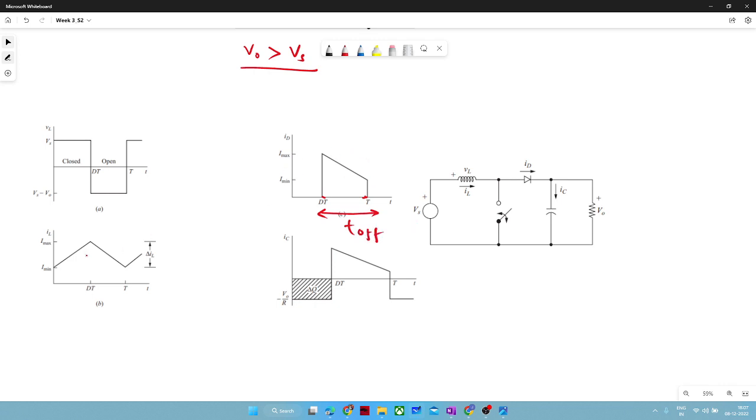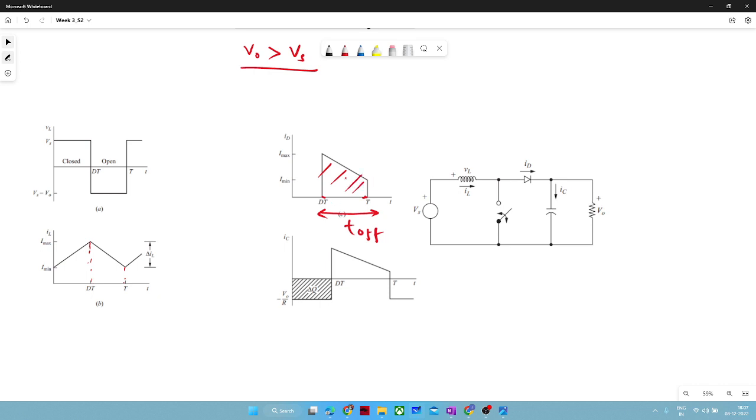Whatever the waveform of the inductor, we just cut it from here and paste it here. The same waveform after cutting, the value of diode current will be the average of this waveform.